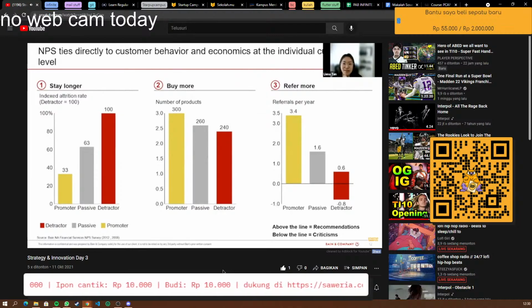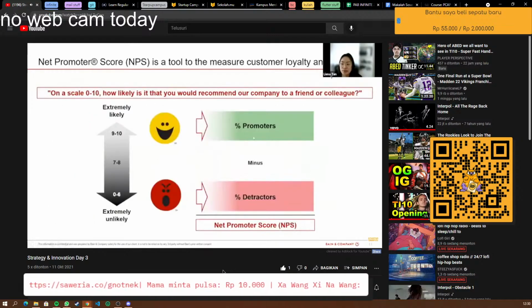Jadi mereka bilang ke teman-teman, ini brand A actually is really good, right? So that's actually free promotion for you. Right, so you want to make sure that your customers are loyal, are happy, are satisfied with their experience. And NPS is one tool that you can use to measure their happiness with you. Okay?